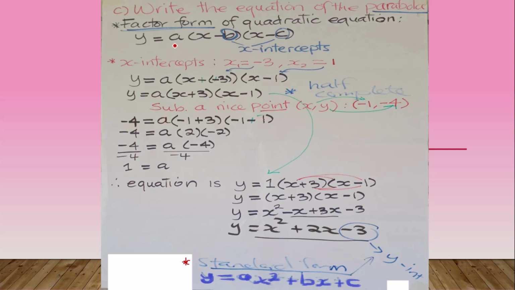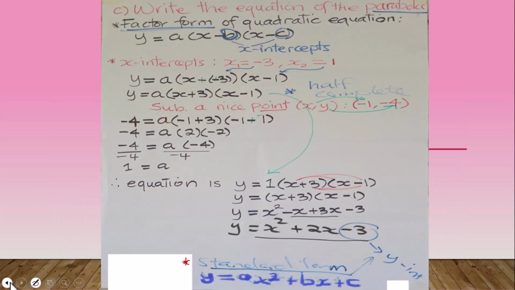Here is the general factor form of a quadratic equation: y equals a times (x minus b) times (x minus c). This b and this c are the x-intercepts. They are part of the factors from which we solved before to get our x-intercepts, or x values. So we find the x-intercepts by looking at the graph.